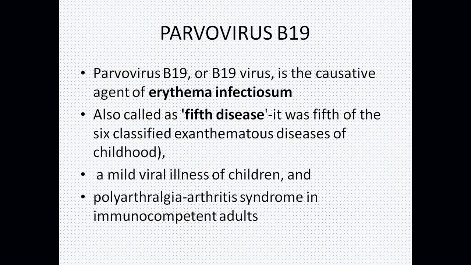It is called the fifth disease because it is fifth in the list of the six classified exanthematous diseases of childhood. Parvovirus B19 stands fifth in those six classified diseases. Therefore, this infection is also known as the fifth disease, that is, erythema infectiosum.